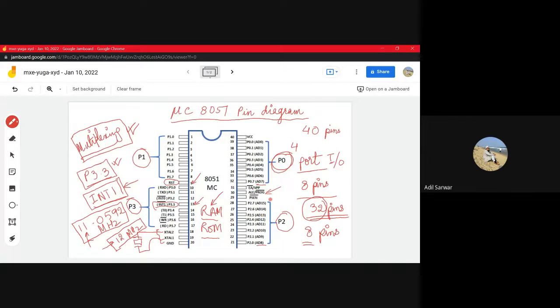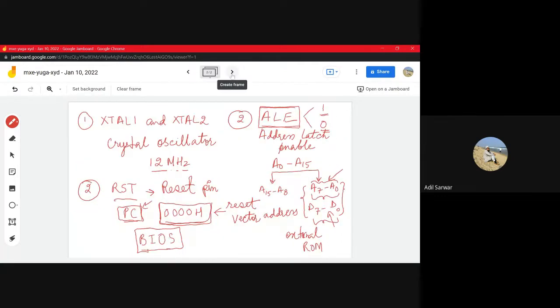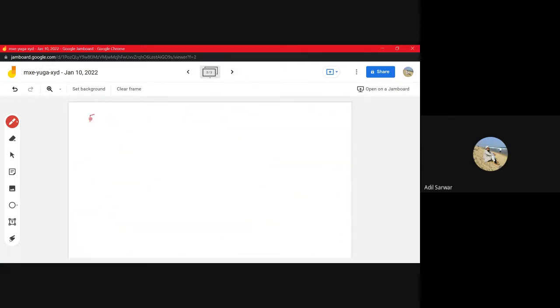Here you could see pin number 31, EA bar. So it is enable external access.